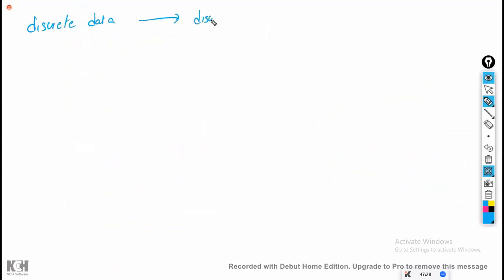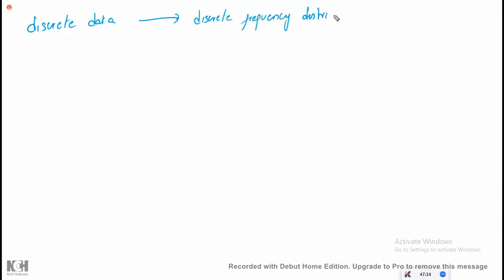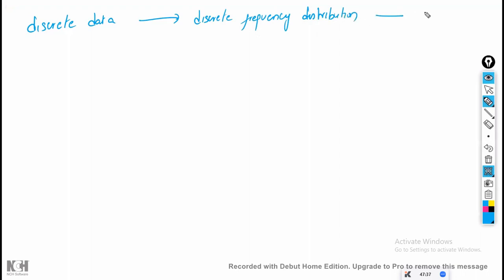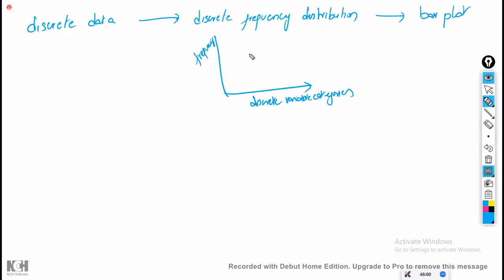Now, for discrete data, discrete frequency distribution, which is also called a bar plot, where you have the discrete variable categories on the x-axis and their frequency on the y-axis. And this is called a bar plot.